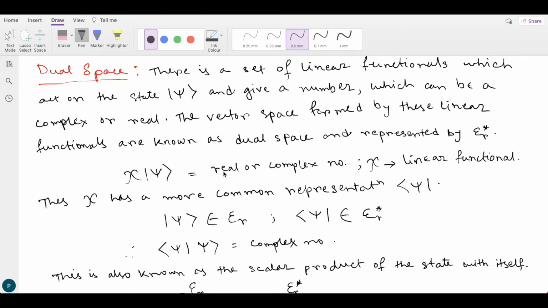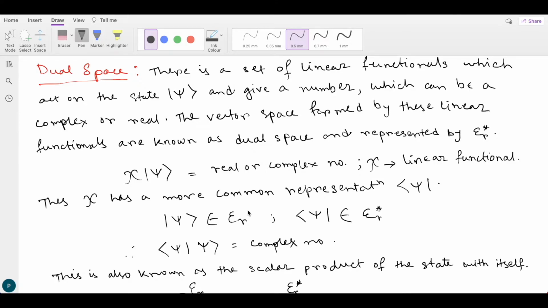This chi has a more common representation, and many of us are familiar with this notation, which is known as bra psi. So from here we can say that the ket psi belongs to a space known as state space, represented by epsilon r, and the bra psi belongs to a space known as dual space, represented by epsilon r star.